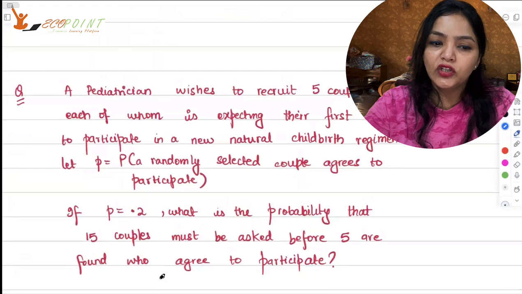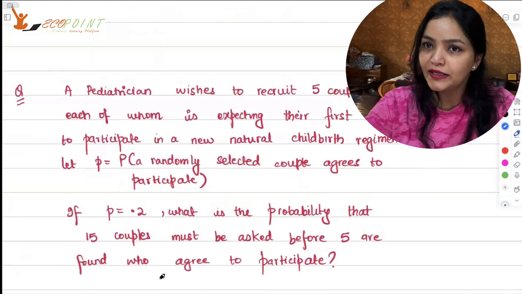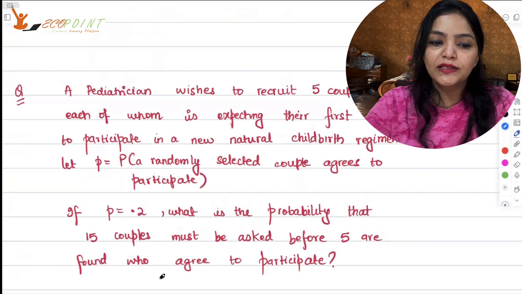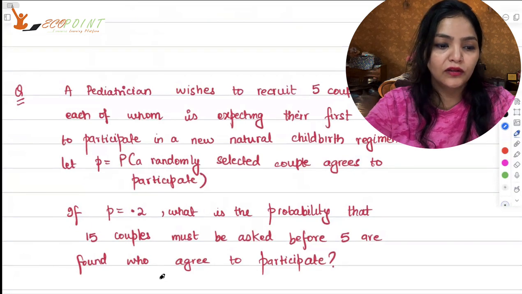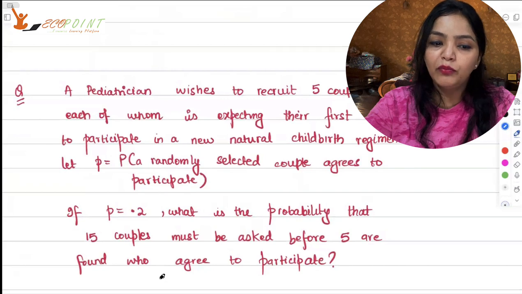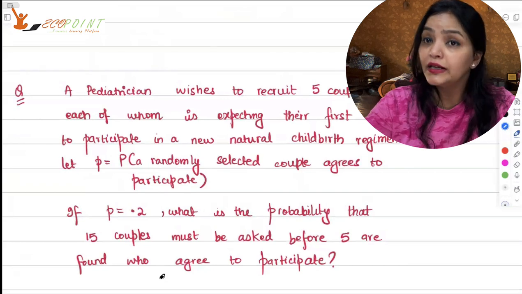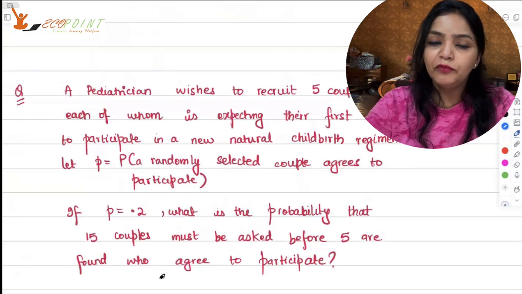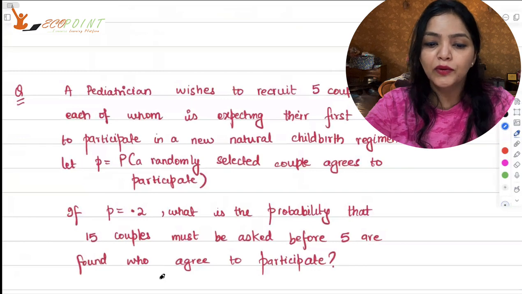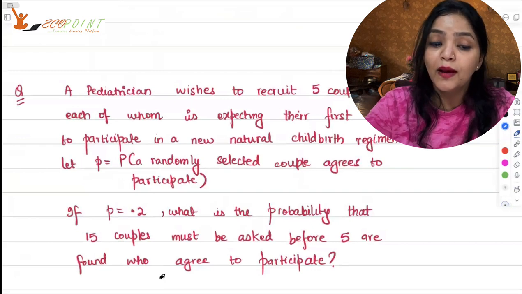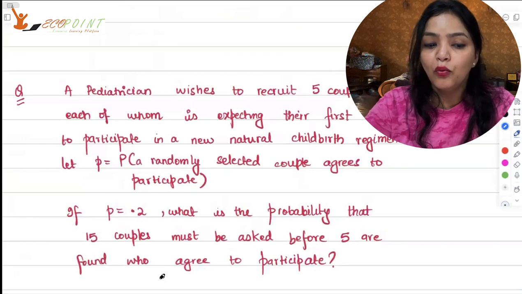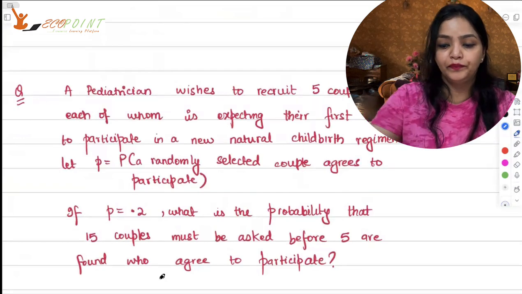A pediatrician wishes to recruit 5 couples, each of whom is expecting their first child, to participate in a new natural childbirth regimen. Let P be the probability a randomly selected couple agrees to participate. If P is equal to 0.2, what is the probability that 15 couples must be asked before 5 are found who agree to participate?